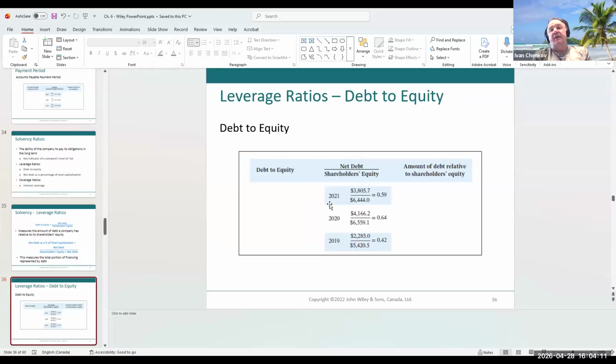So let's think about here. This company in 2019, the debt to equity was 0.42. So the debt was 0.42. Can you tell me how much was the equity? Right away. Having in mind that this one plus the equity should give you 1.